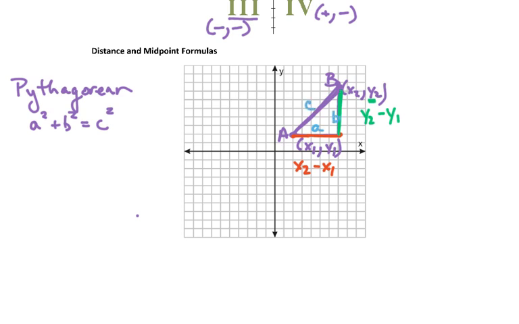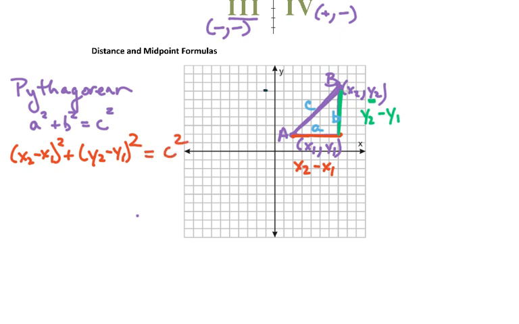If we plug these into the formula, we're going to get a squared, which is (x2 minus x1) all squared, plus b squared, which is (y2 minus y1) all squared, and that's going to be equal to c squared.